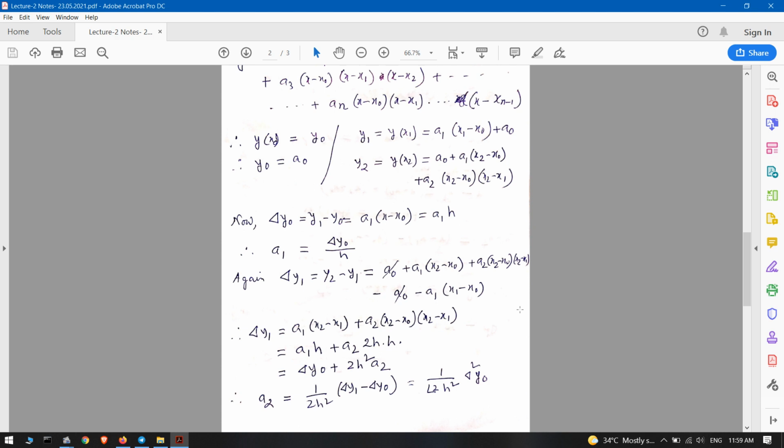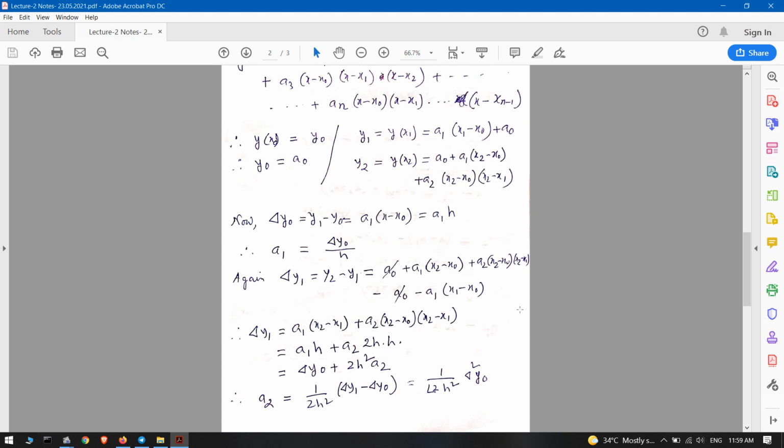y1 is y of x1. So if we put in this expression x equal to x1, then value of y1 will be a naught plus, you put x equal to x1, a1 into x1 minus x naught. And in the third term, that is a2 into, here x equal to x1, you put x1 minus x naught, second into x1 minus x1, that is 0, so this term becomes 0.